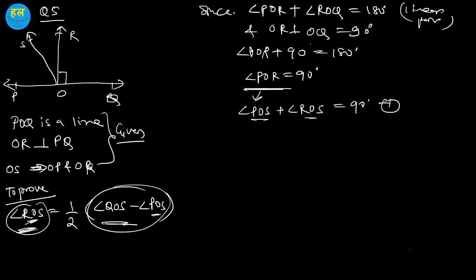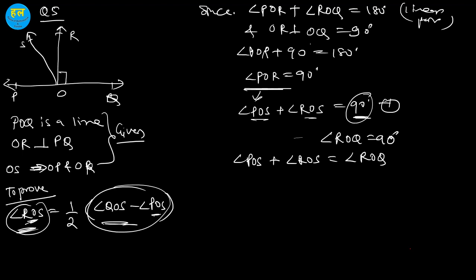Again, we don't want this 90 degree. So in place of this 90 degree we can write that since it is given that angle ROQ is equal to 90 degree, we can write angle POS plus angle ROS is equal to angle ROQ, because OR is perpendicular to PQ.